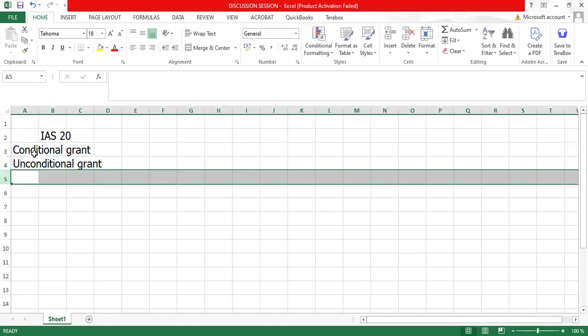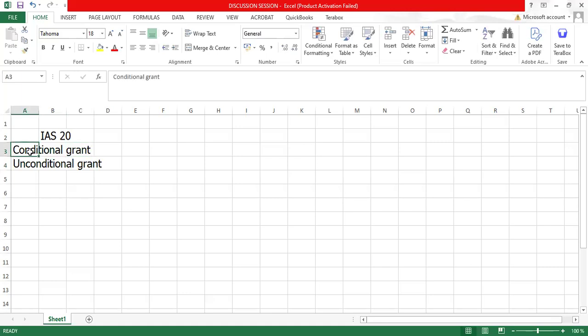If it is a conditional grant, it means that there are some things you must first fulfill. There are some conditions that must be satisfied. With unconditional grants, there are no conditions. As long as they promise you that you're going to receive a grant, you immediately recognize. But here you only recognize the income once you meet the conditions.